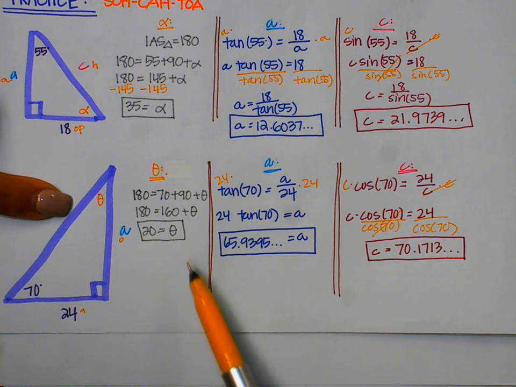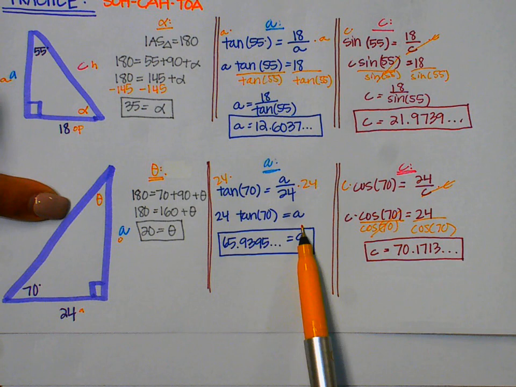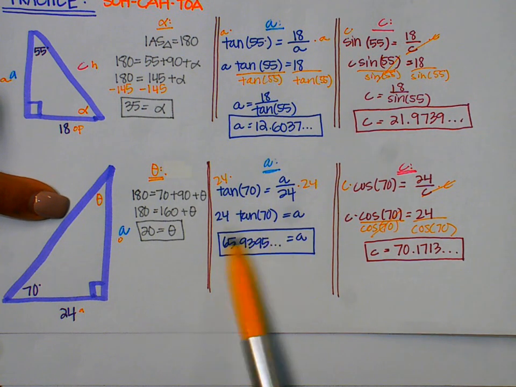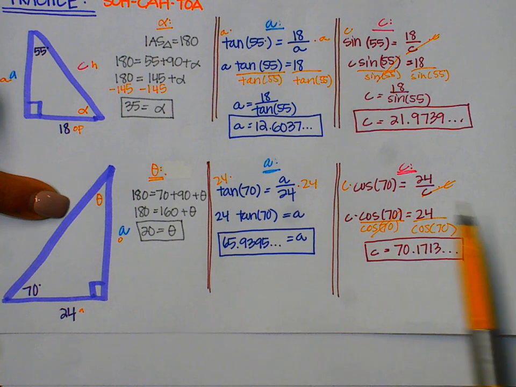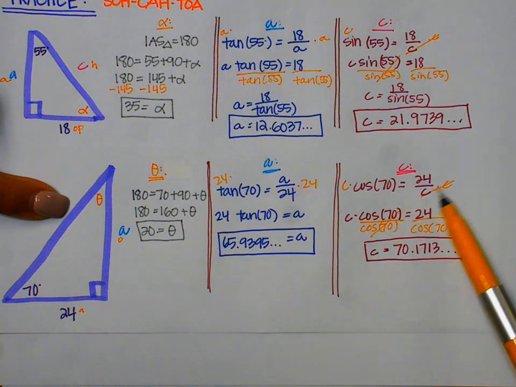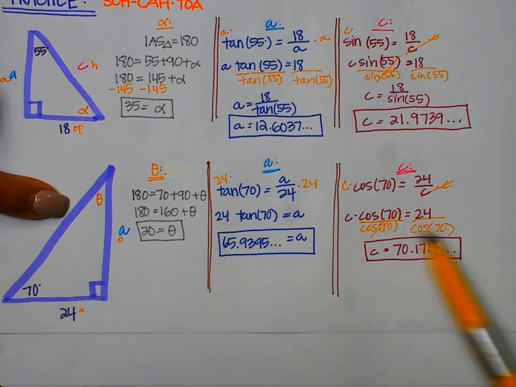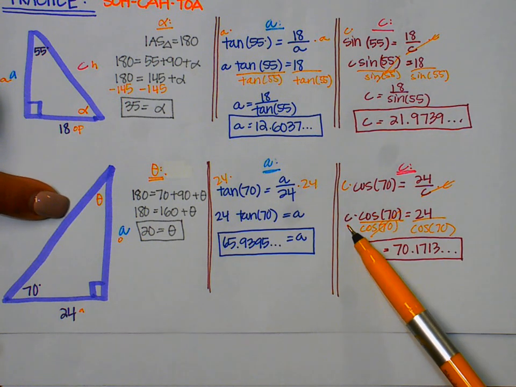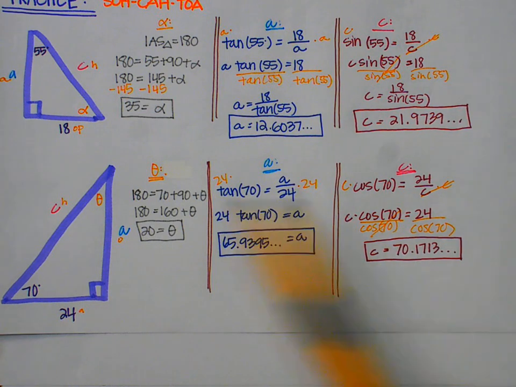I used tangent, multiplied to get rid of my denominator, which isolated automatically my variable. So all I had to do was multiply this in. I didn't have to do any division here. And I got this here. For C, when I multiplied to get rid of my denominator, I still had to divide because the C, our variable, wasn't by itself. And then I got my answer of this for my hypotenuse.